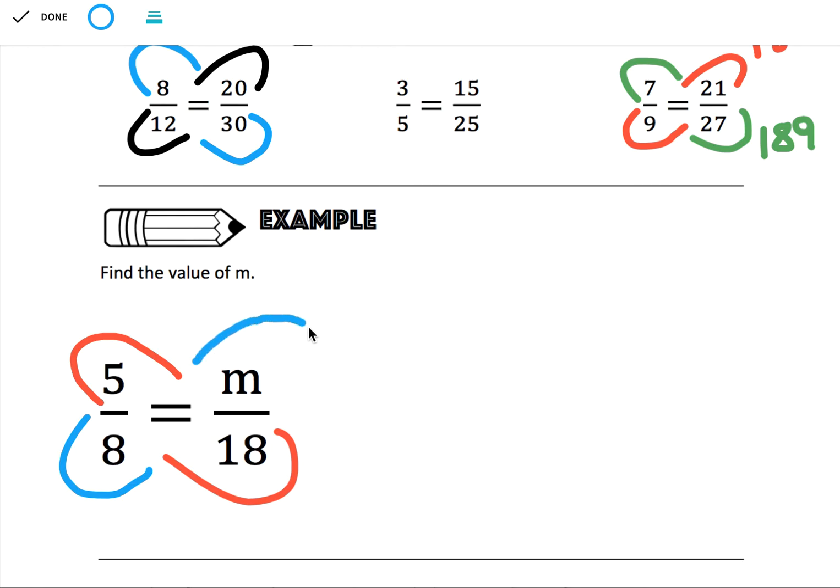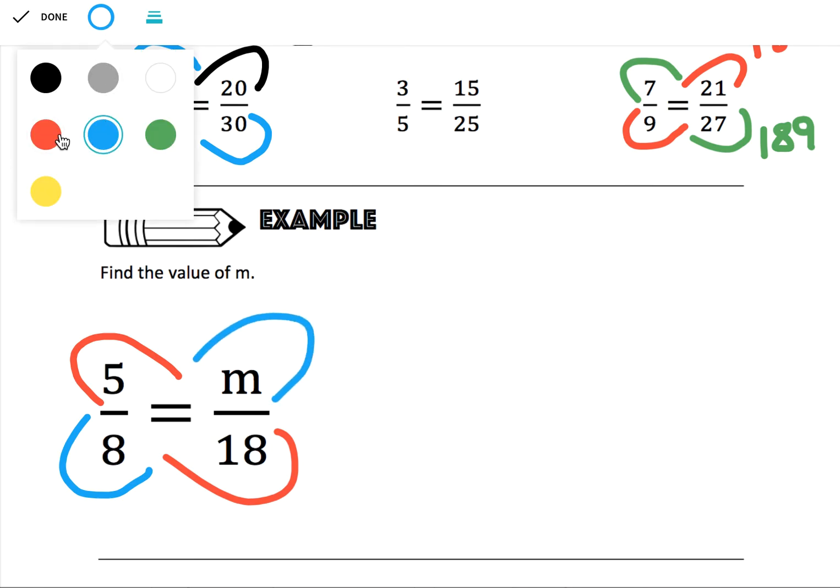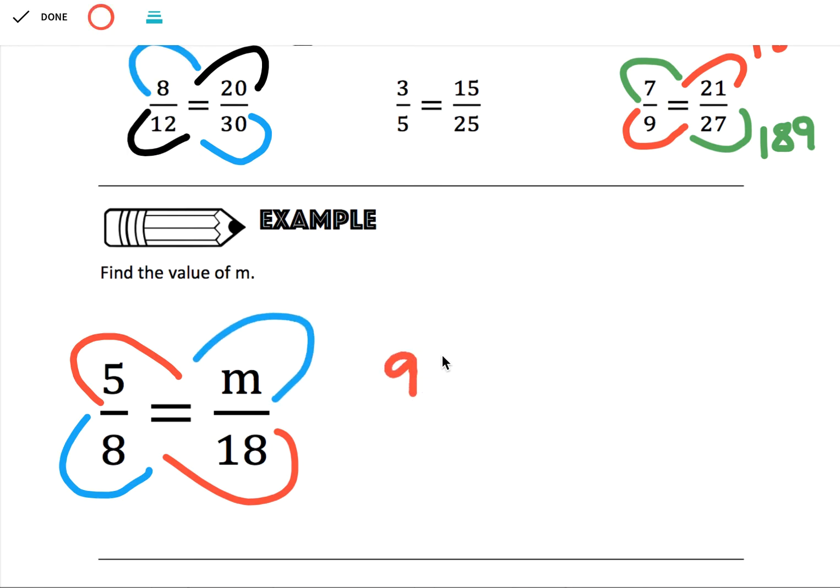So we know that 5 times 18, the red wing, which is 90, is going to equal the blue wing, 8 times m. So we'll write that as 8m. And now, if 8 times m equals 90, we can divide 90 by 8.